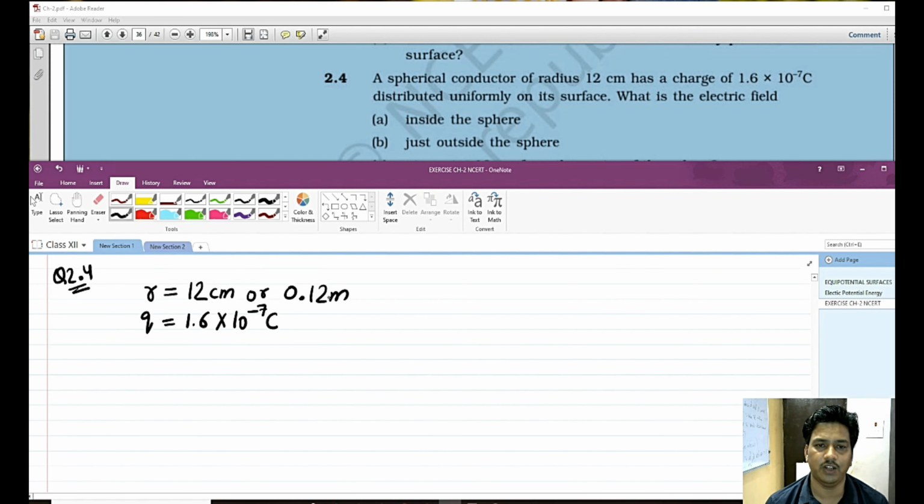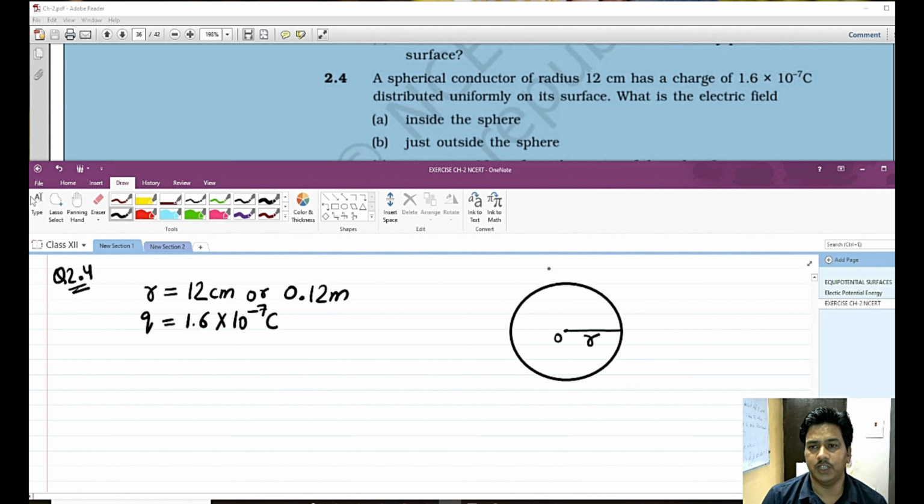What is the electric field inside the sphere? First I am going to draw the sphere. So this is the sphere and this is the center of the sphere. R is the radius of the sphere.